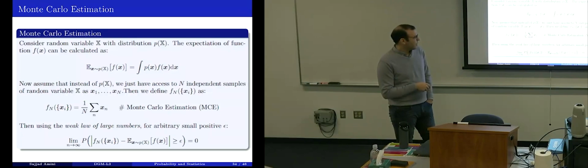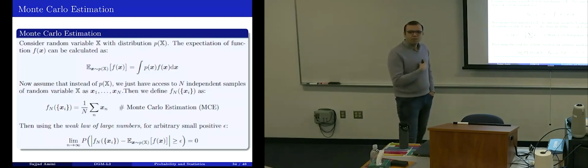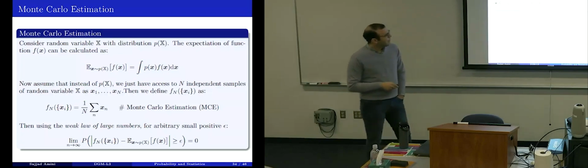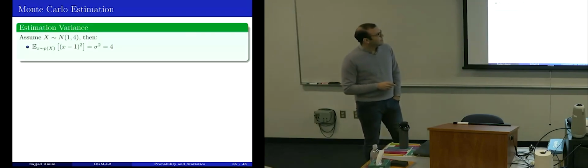Or in other words, your Monte Carlo estimation is exactly equal to the expectation value. But we do not use it in this case. We use it with a limited n, for example, this uppercase N, and we can show that it can estimate the true expectation.